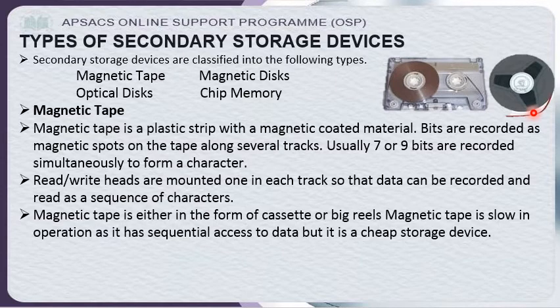The operation of magnetic tape is slower because the data stored inside it is in a sequential format. But the good thing is that their cost is cheaper. These storage devices are cheaper as compared to direct access storage.